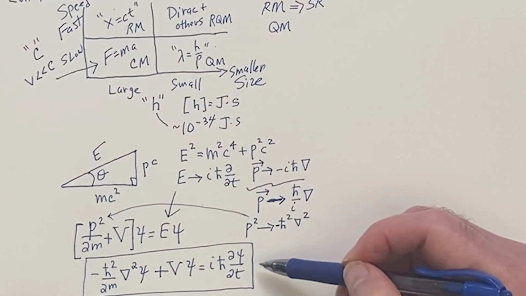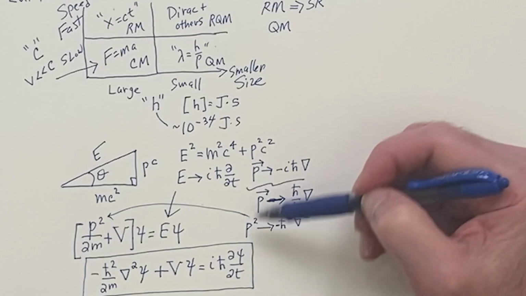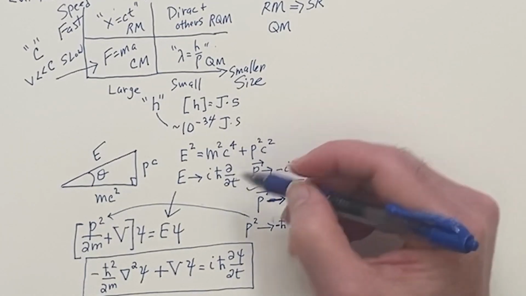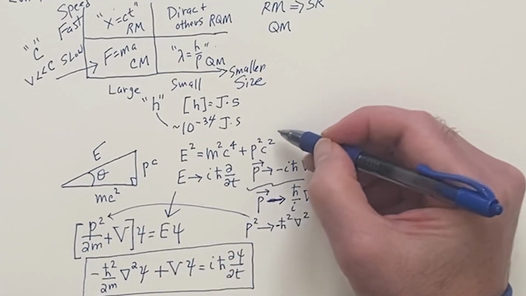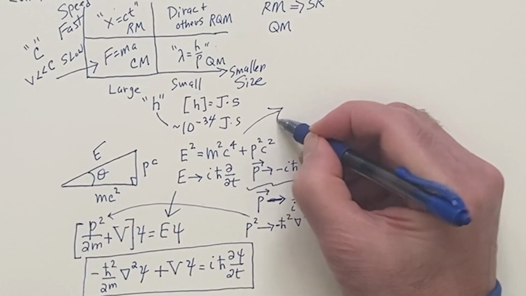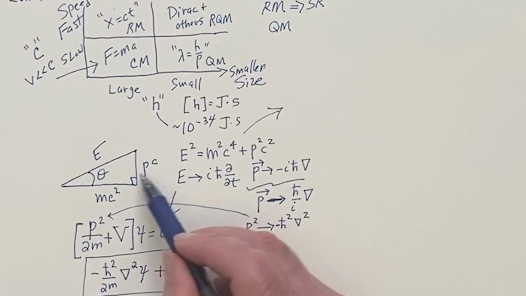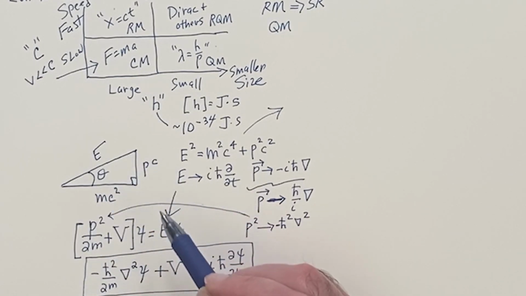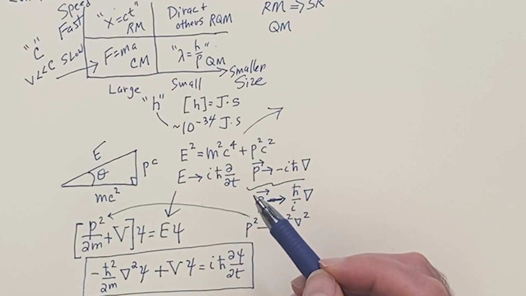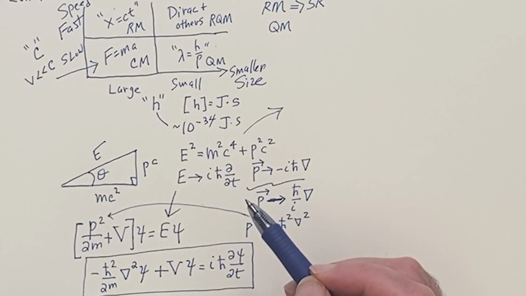So what we want to do is the same prescription, starting not with the non-relativistic energy equation, but with this equation. This is the relativistic energy equation coming from our special triangle in special relativity. So that's relativistic.